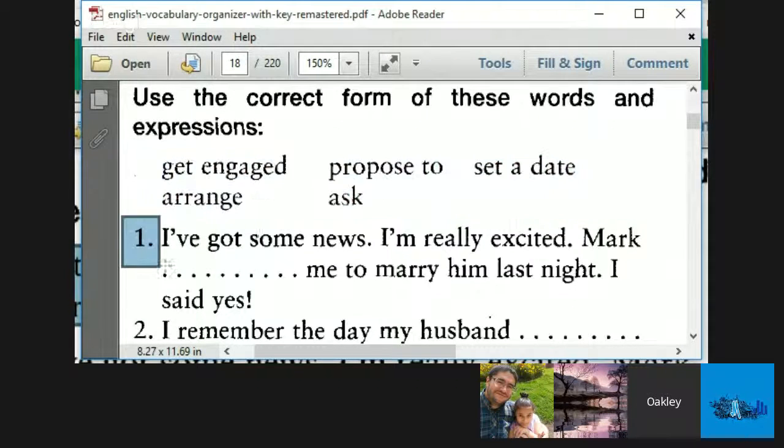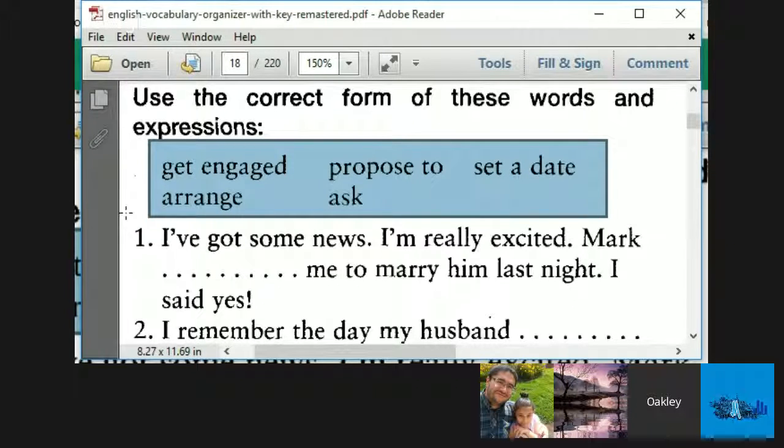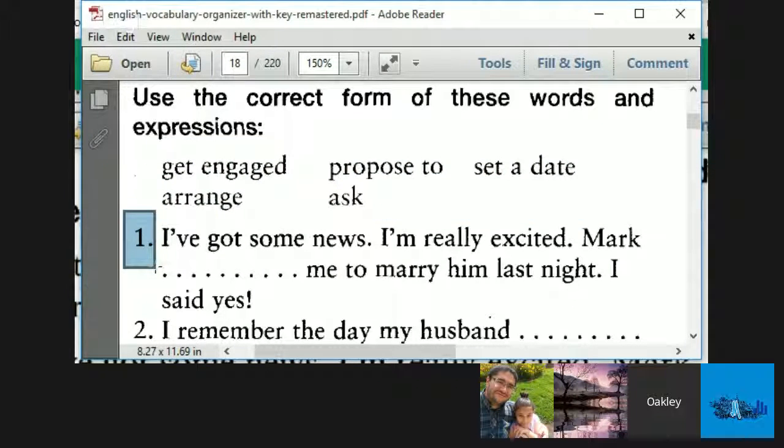Number one, if you could please read it, do your best to fill in the blank. Mustafa, take her away. Okay, first, I have got some news. I'm really excited. Mark blank to me. Oh, okay, proposed to me. Okay. Just a second. Mark blanked me to marry him last night. I said yes. Mark asked me to marry him last night. Yeah, that's it. Very good.